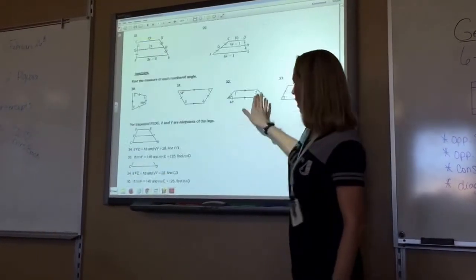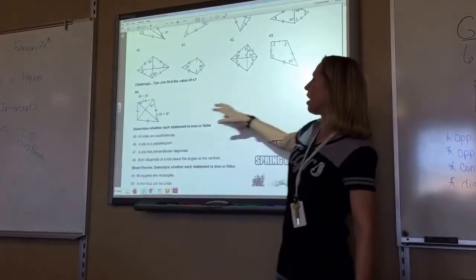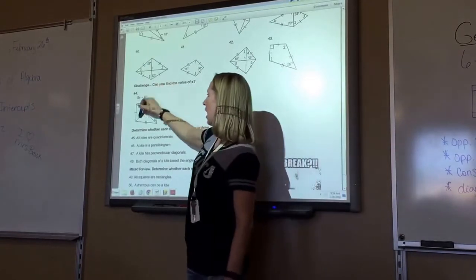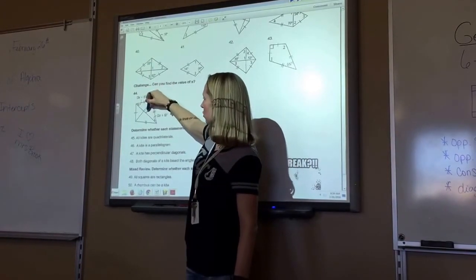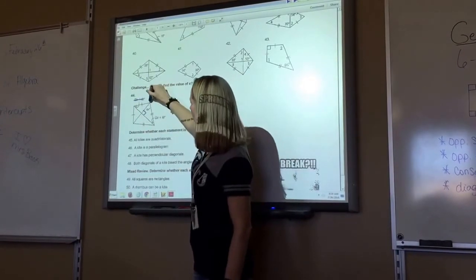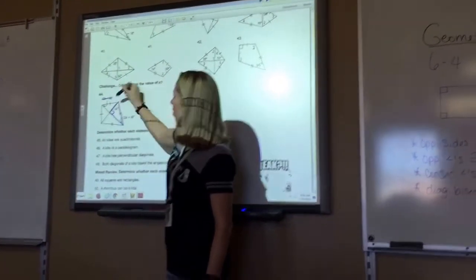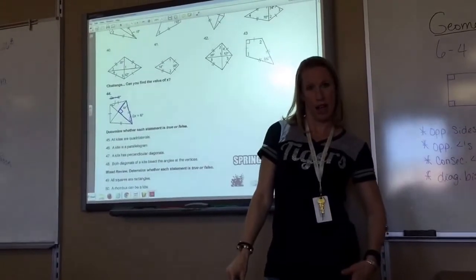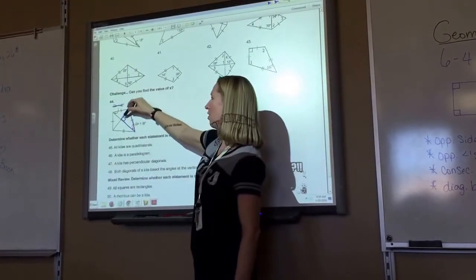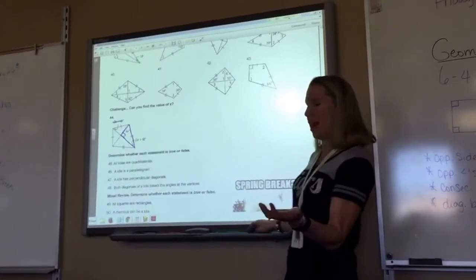I think that's it. You have another challenge problem on this kite. Remember, keep in mind that diagonals are perpendicular, so this would be a right angle. You really don't even need that information. You can look at that triangle, and what do all the angles in a triangle add up to? Well, they add up to 180. So you're going to add all these angles up to equal 180.